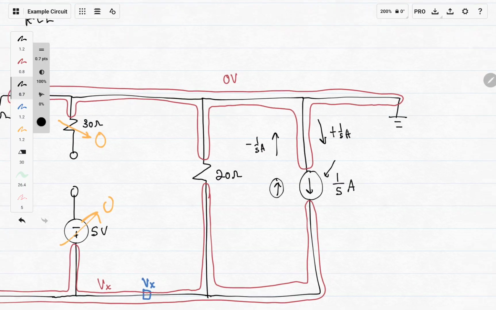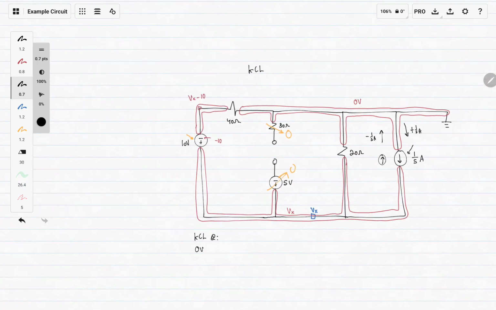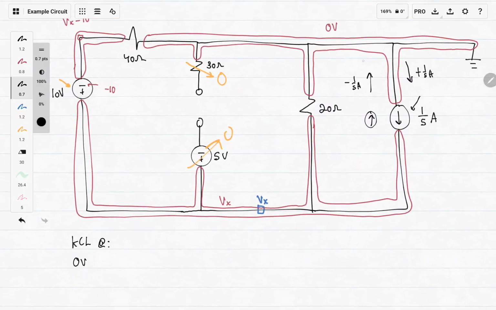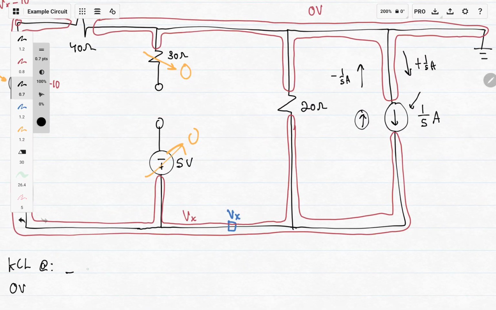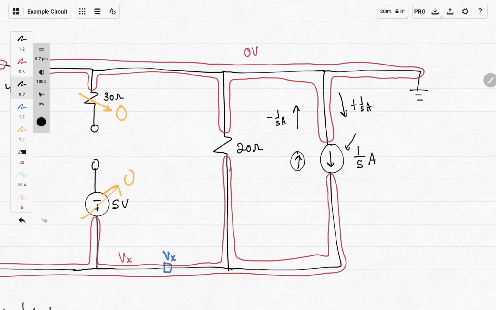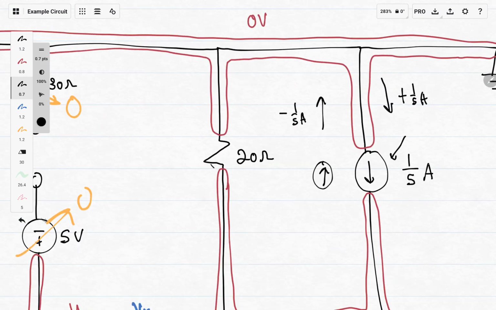I'm pretty sure there's a more detailed explanation as to why, but I don't really remember why. It's just convention to do that. So with our KCL equation, we first start off with positive 1/5 amps.